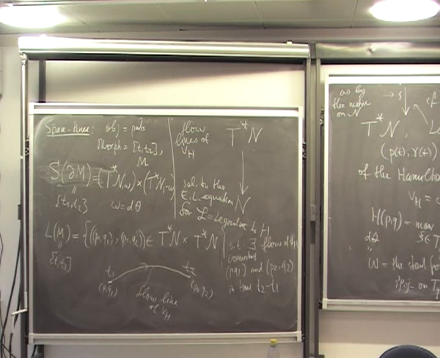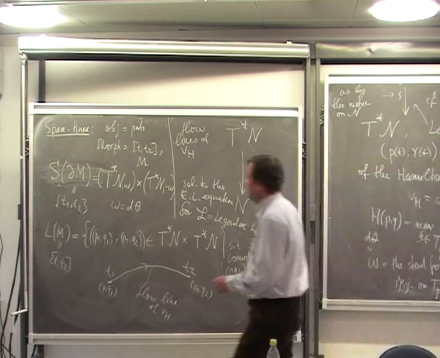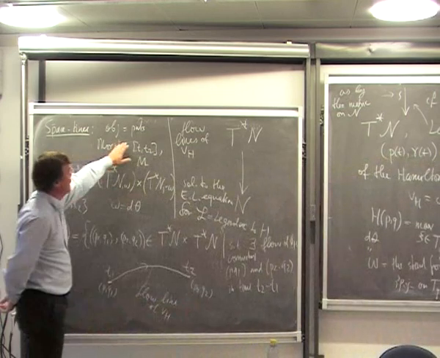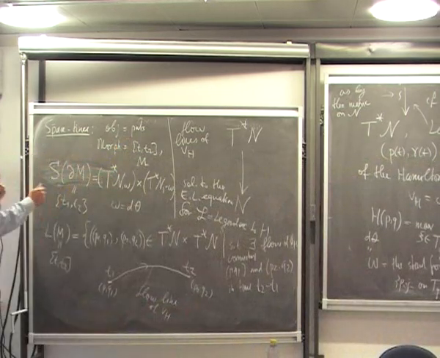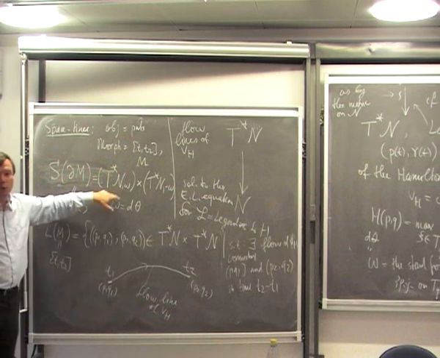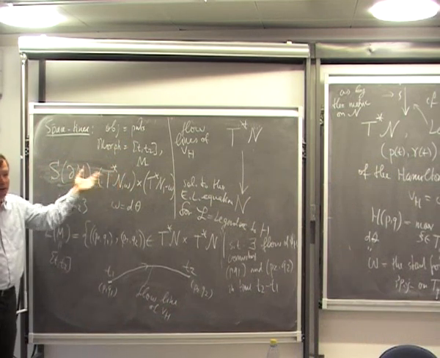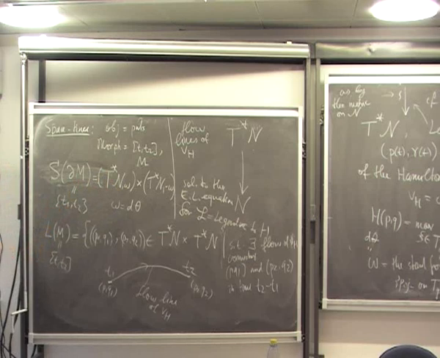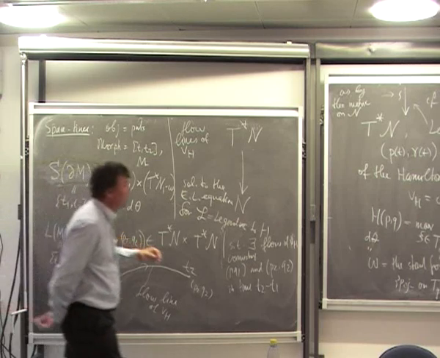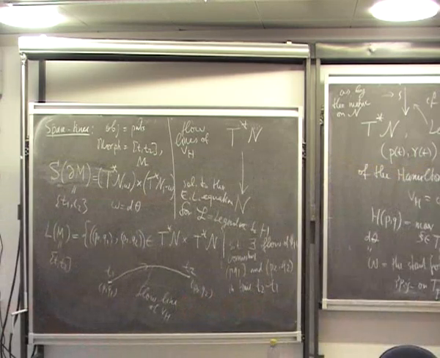So now we have to check the axioms. So objects are points, so if you have n points, you simply have n copies of the T star n in the product. And so the only axiom really that needs to be checked is this composition axiom.